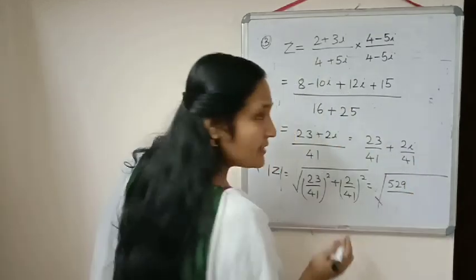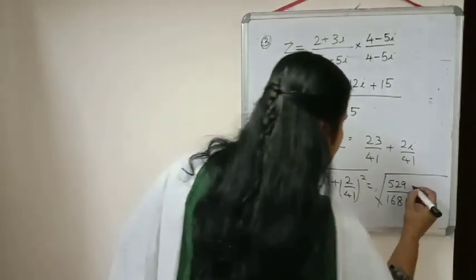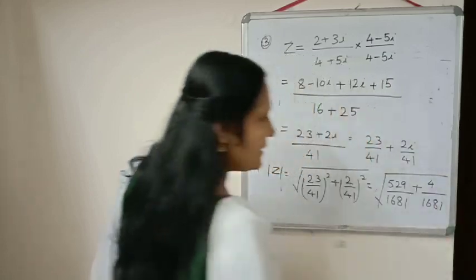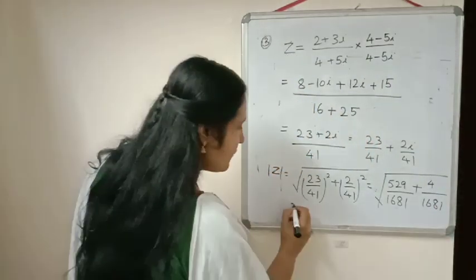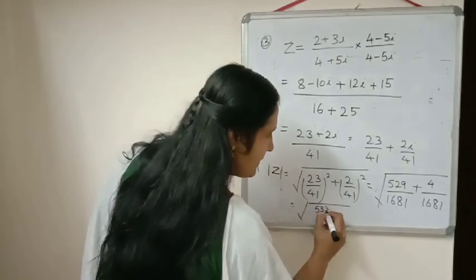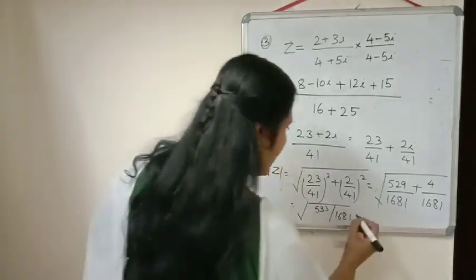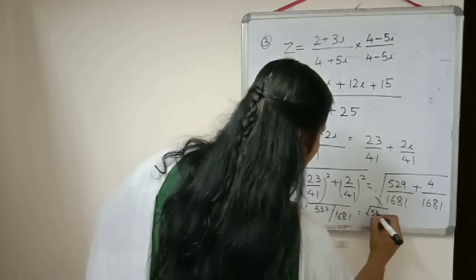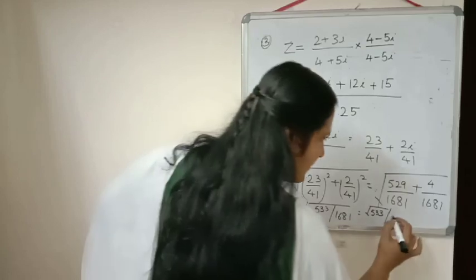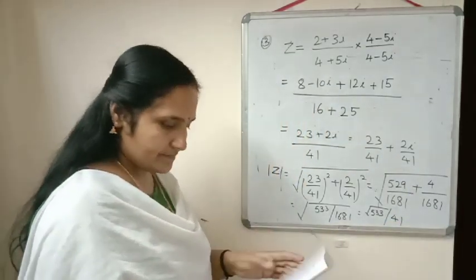By 41 square, you can check, I think it is 1681, plus 2 square is 4, by 1681. 529 plus 4 we can add, then it will be equal to 533 by 1681. So if you want, you can write it separately: square root of 533 by square root of 1681, that is 41. So root 533 by 41.